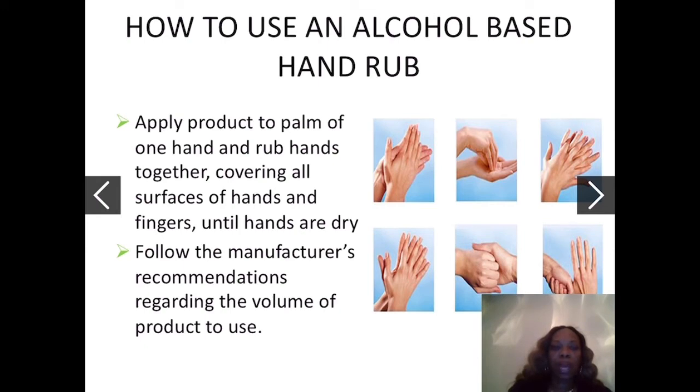You want to apply your alcohol-based rub to the palm of one hand and rub those hands together, covering all surfaces and fingers until the hands are dry. Other aspects of hand washing: do not wear artificial nails or extenders when having direct contact with patients at high risk.